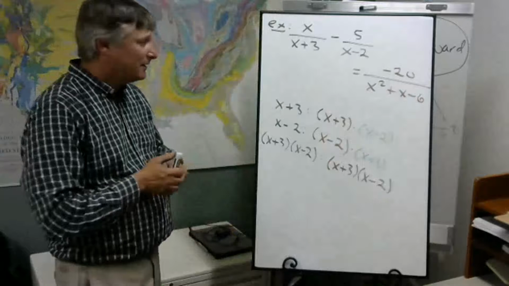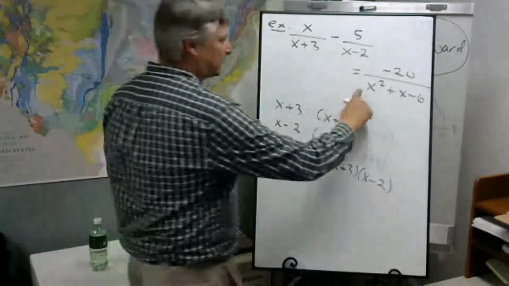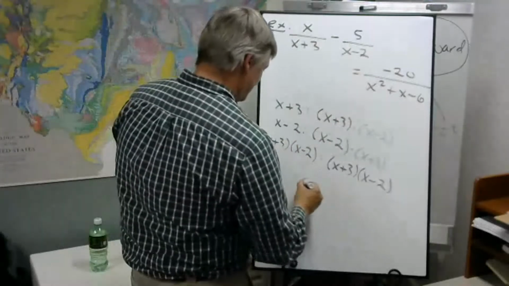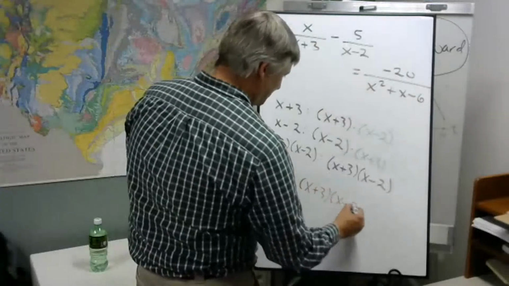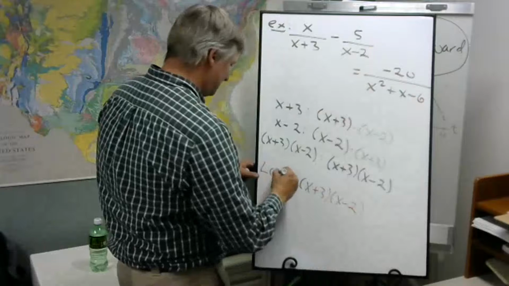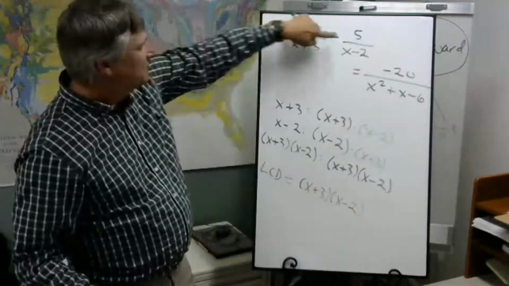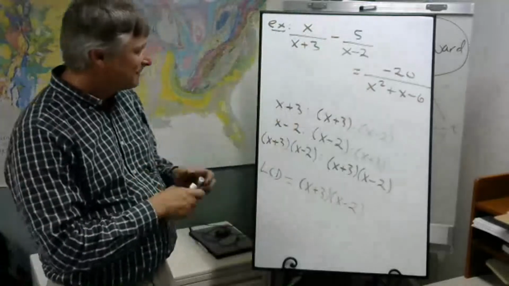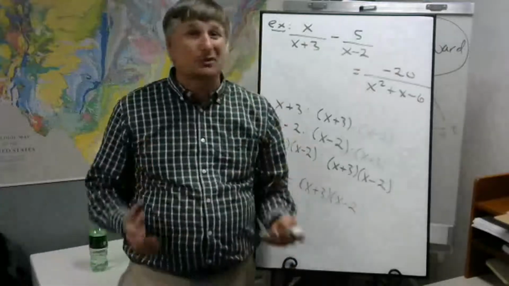So the LCD, what we're going to multiply each of these by, remember you want to factor this so it looks like this. x plus 3, x minus 2. Multiply this, to this, and to that.